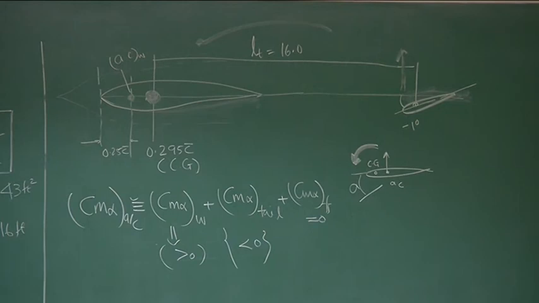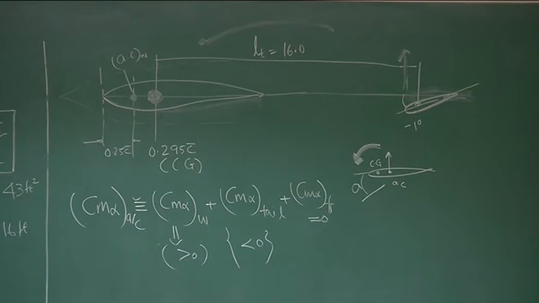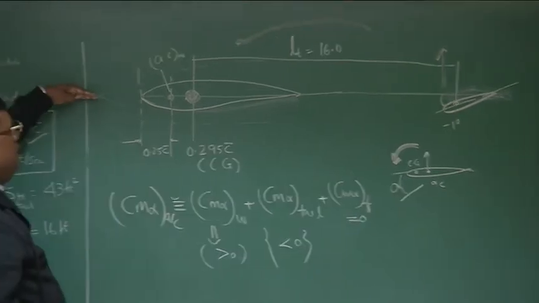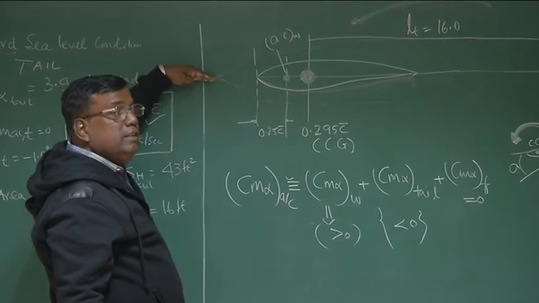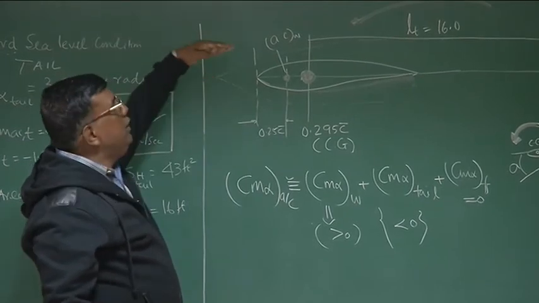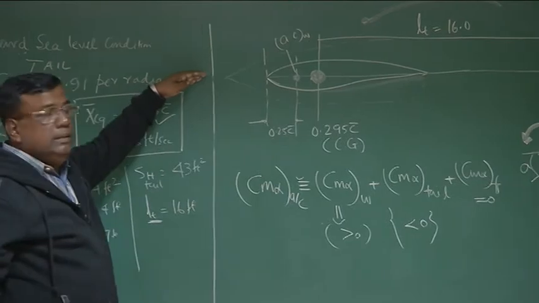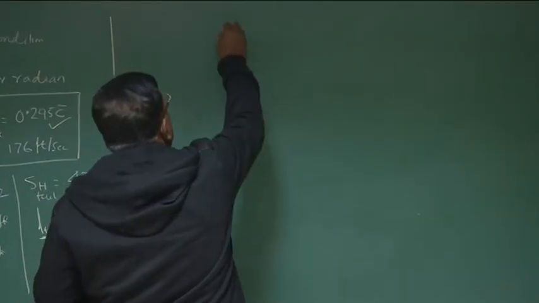So this aft tail, which I'll be addressing as tail, is always stabilizing. The moment you put a canard here, which is called a forward tail, it becomes destabilizing, because the AC is now again ahead of the CG. Okay.